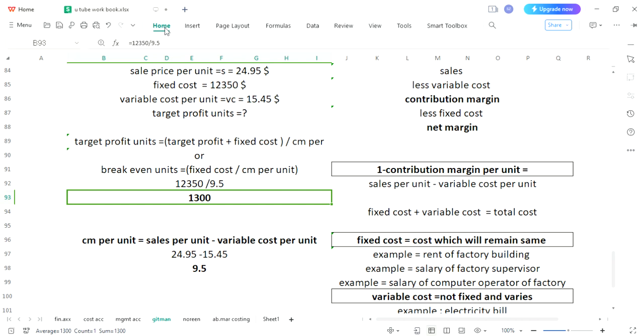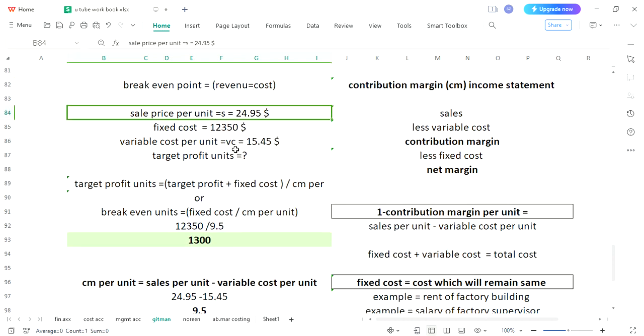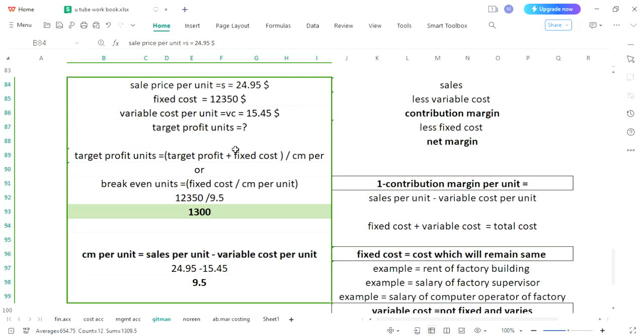You need to solve this question from here to here, and that's all. This is your solution. You can take screenshot over here. When you want to solve the question, only this highlighted area is required to be mentioned, and even then this target profit units you may not write it. So ultimately there are few lines which are needed to get solution of this question.